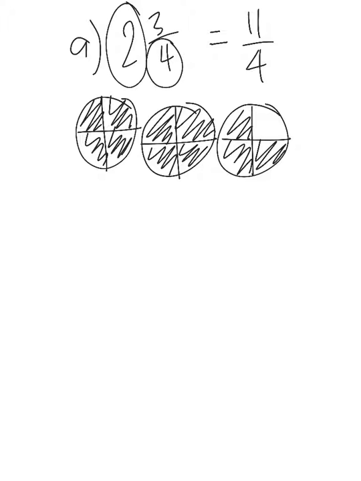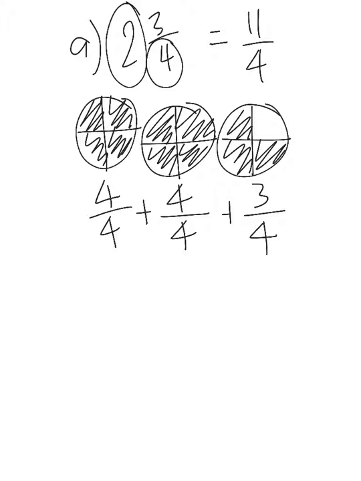So 2 wholes is actually 4/4 plus another 4/4 plus 3/4, and when we add fractions with a common denominator, we just add the numerators and leave the denominator the same. So how many quarters do I have altogether? 4 plus 4 plus 3 equals 11/4. And that's why that method works.